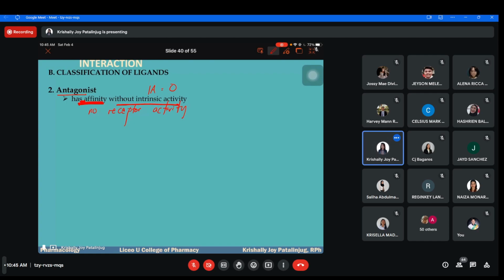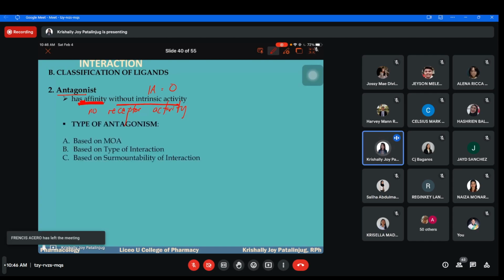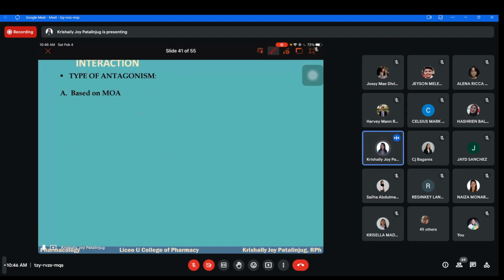Decrease yung receptor activity. Now, there are different ways how antagonism is observed or being produced by a drug. Again, yung antagonism property ng mga ligands could be in different ways. Example, pwedeng based on mechanism of action, pwede ding based on type of interaction, pwede din based on surmountability of interaction.